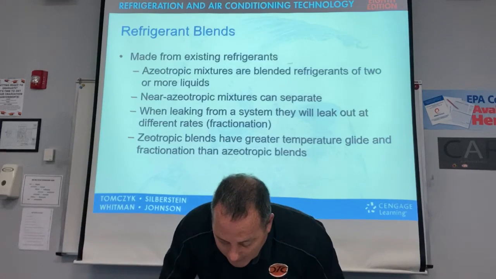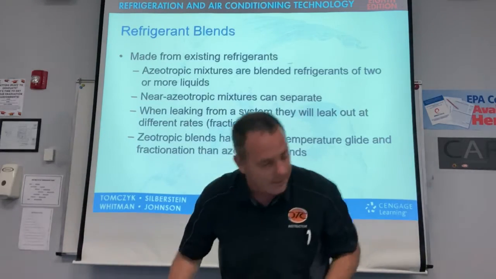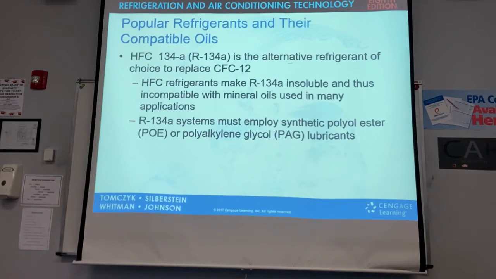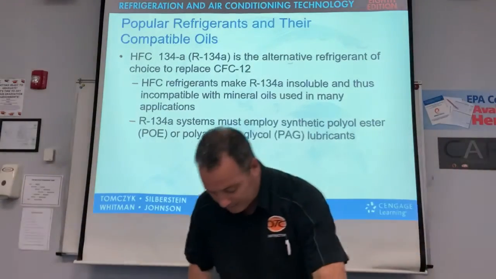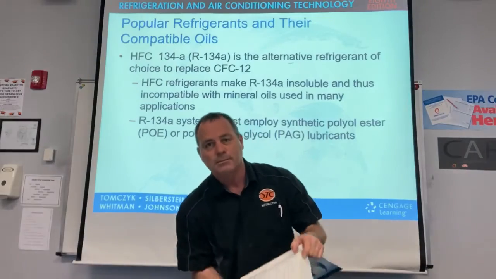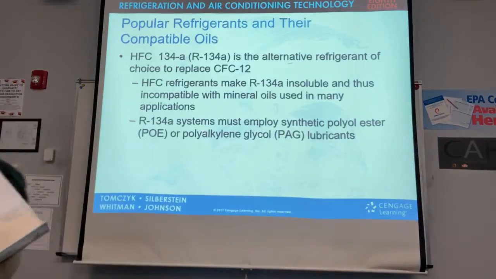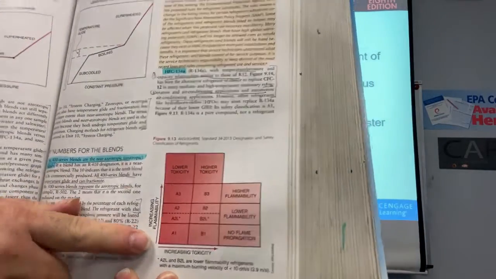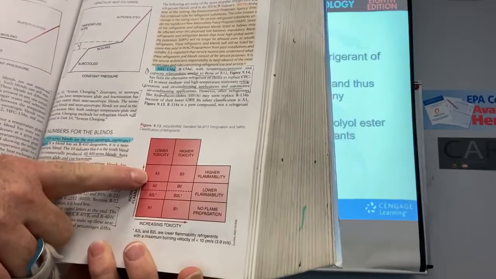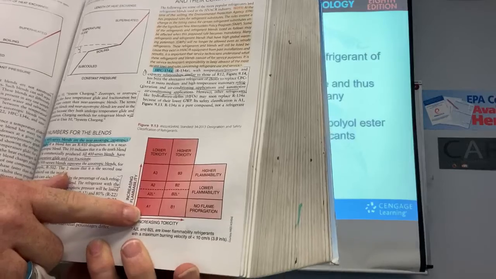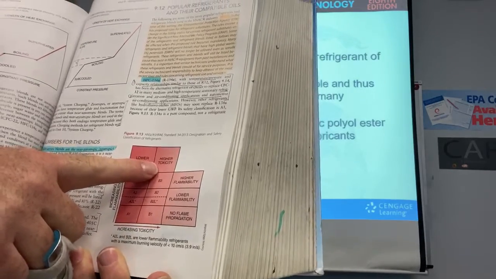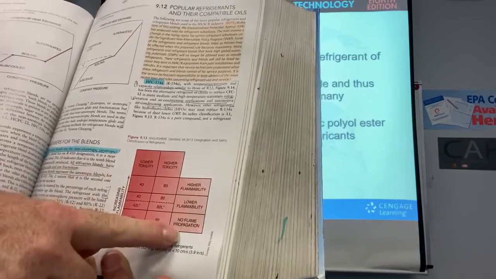On 235, look what it says. Okay, you have a toxicity rating for refrigerants, okay? So it's right here. I'm gonna bring this over here for you so you can see it. Notice it says lower toxicity starts with A, and B is the greatest amount of toxicity, higher toxicity, higher flammability.